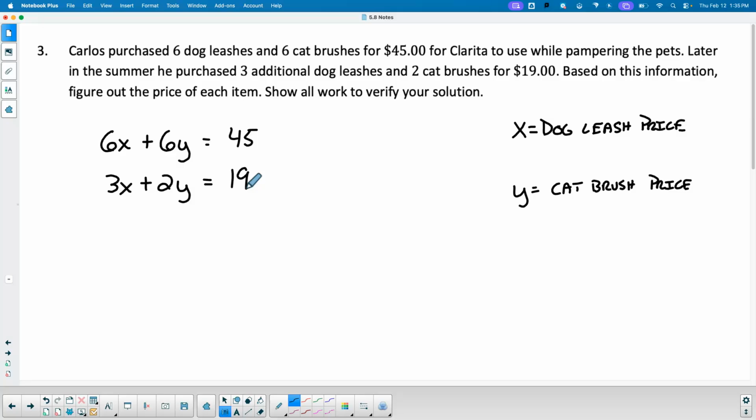Okay. I'm going to go bottom equation by -2. So then that's going to give me -6x minus 4y equals -38.